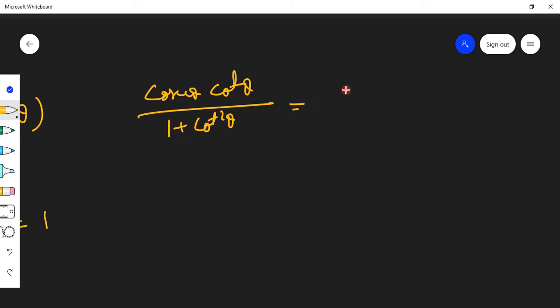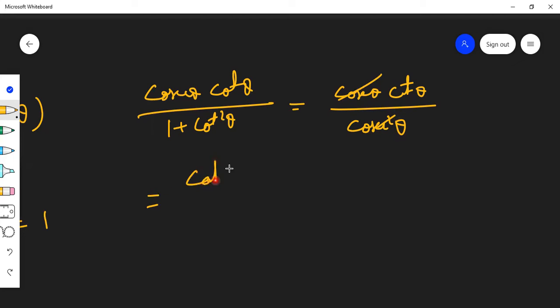So let's write cosec theta cot theta as it is, and 1 plus cot square theta can be written as cosec square theta. Now see, this cosec and square is cancelled, so we get cot theta by cosec theta.